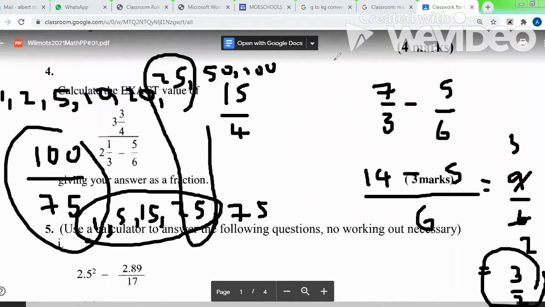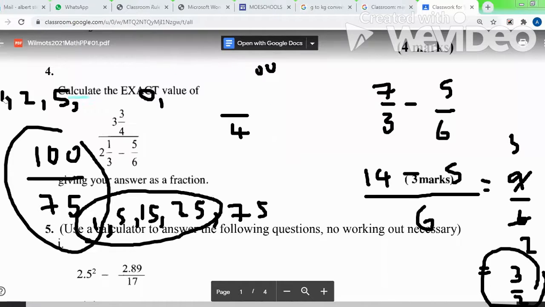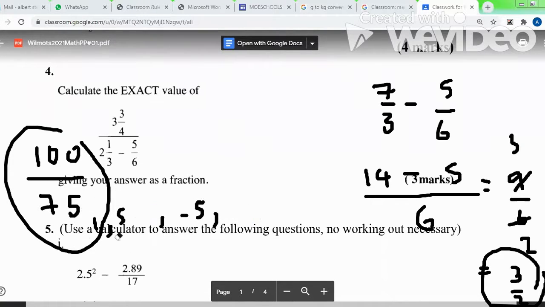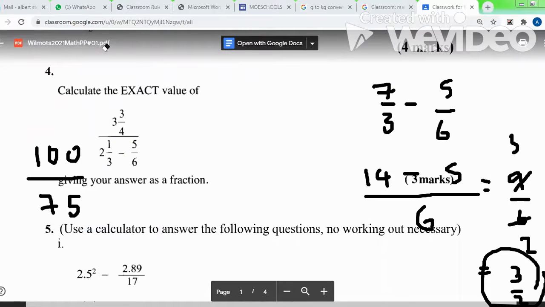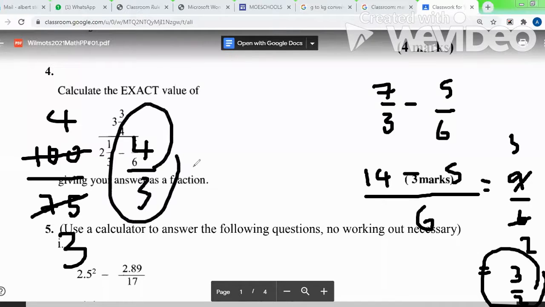So that's what we're going to use to cancel this thing here. So let's use 25. Now 25 into 75 is how much? 3 times. 25 into 100? 4. So the answer is just what? 4 over 3.